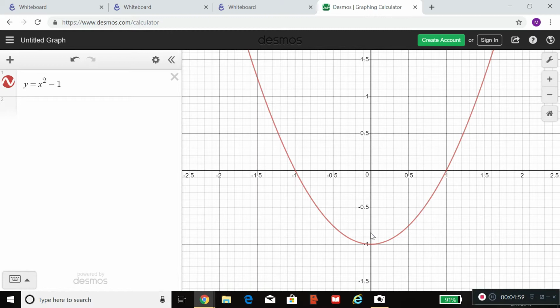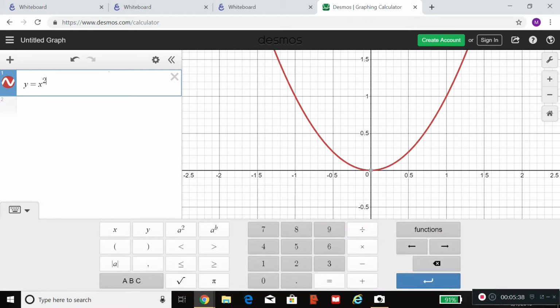So if we were going to analyze this parabola, we would say the zeros are at 1, comma 0, and -1, comma 0, and we would say the vertex is at 0, comma -1. So that would be the important points to say of this parabola.